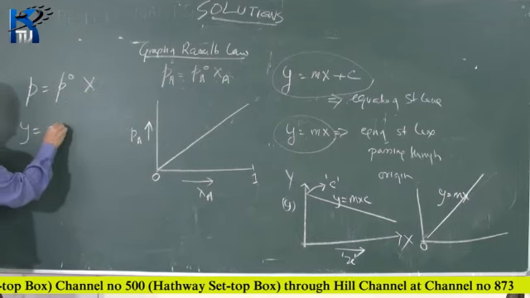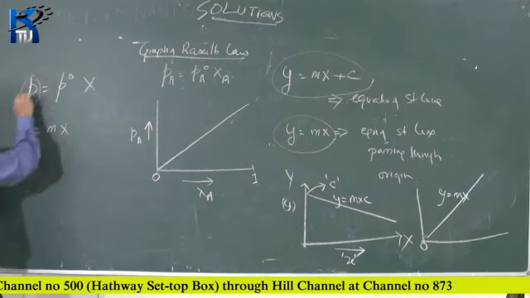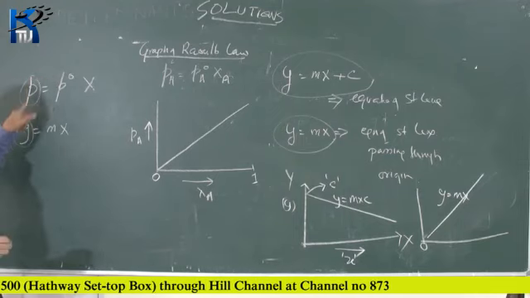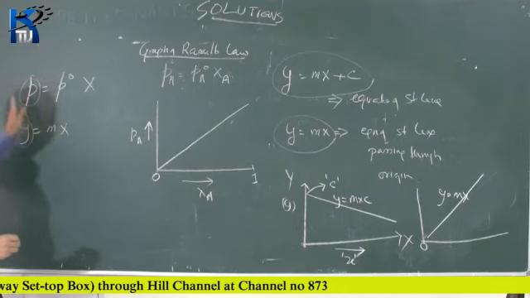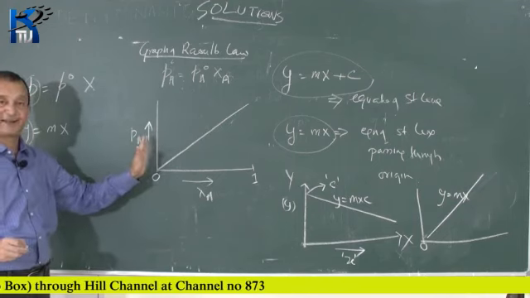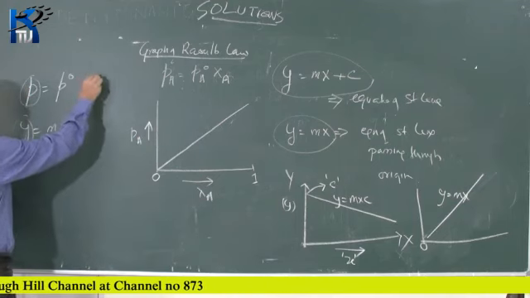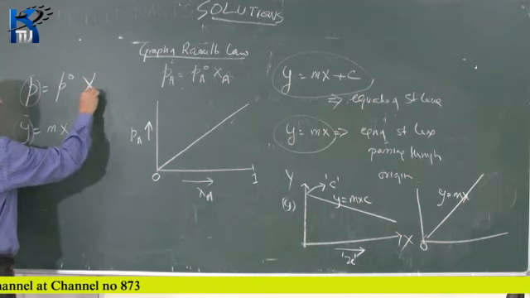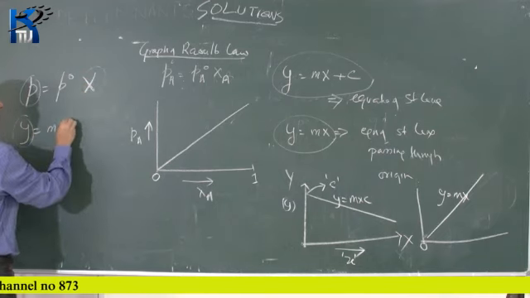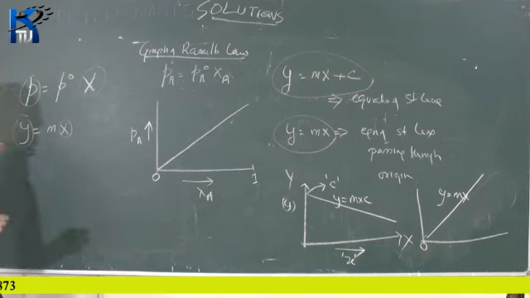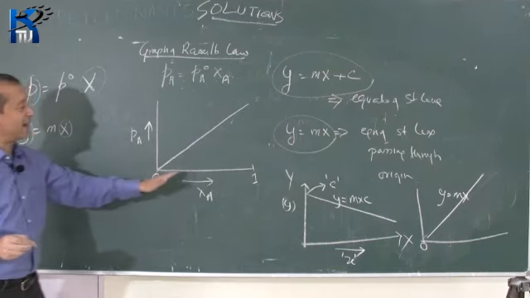P and y are the quantities plotted on the y axis, and the mole fraction x is plotted on the x axis.